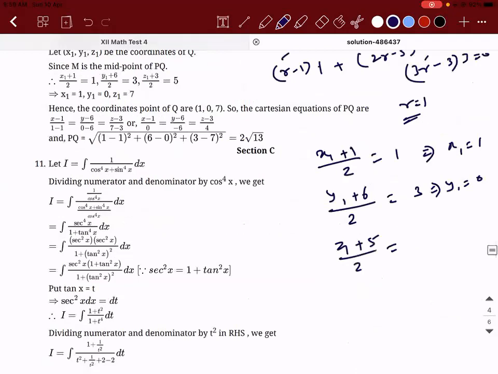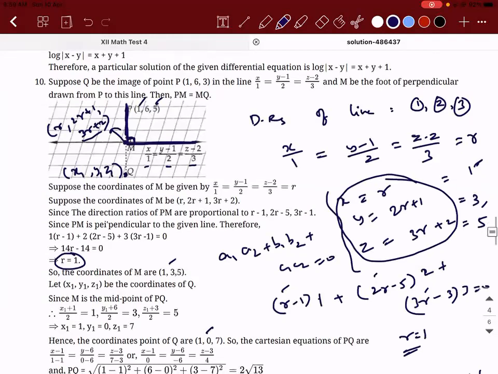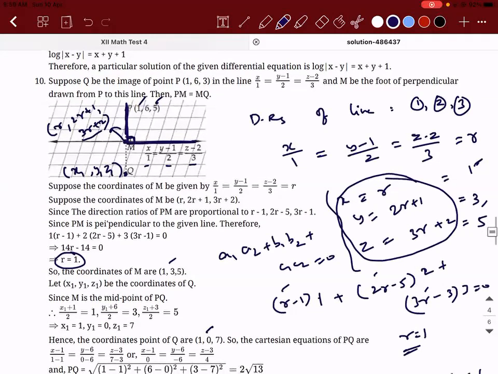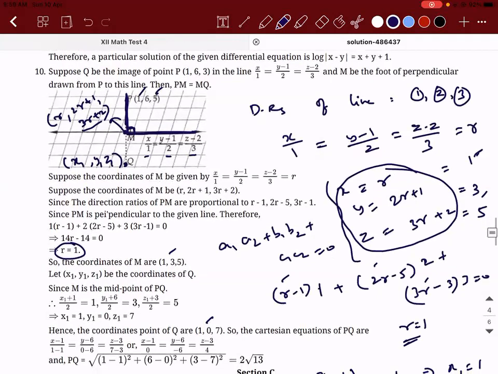So what are the coordinates of the image? 1, 0, and... there is a mistake here.